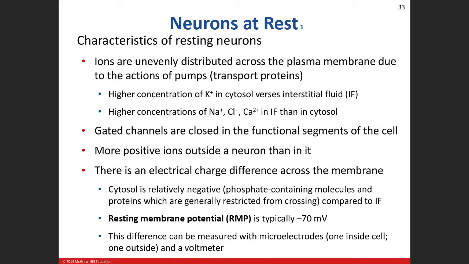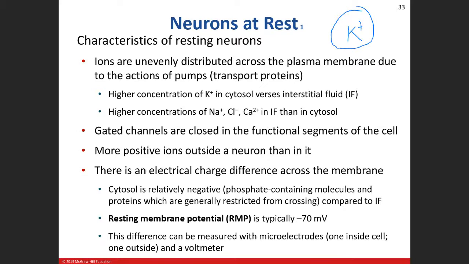Okay? All right. So when we're dealing with our neuron at rest, remember we have our potassium inside the cell, and then we have our negatively charged proteins and negatively charged phosphates. They never leave the cell. They're always in there. They can't leave.